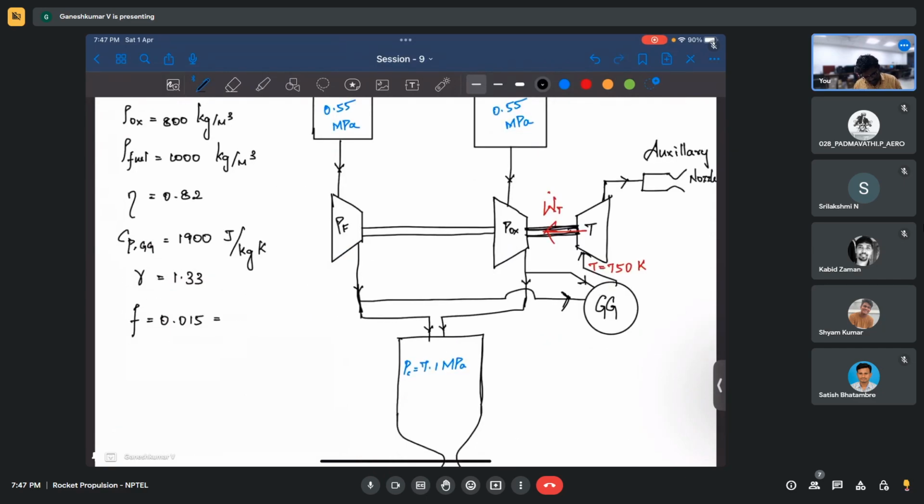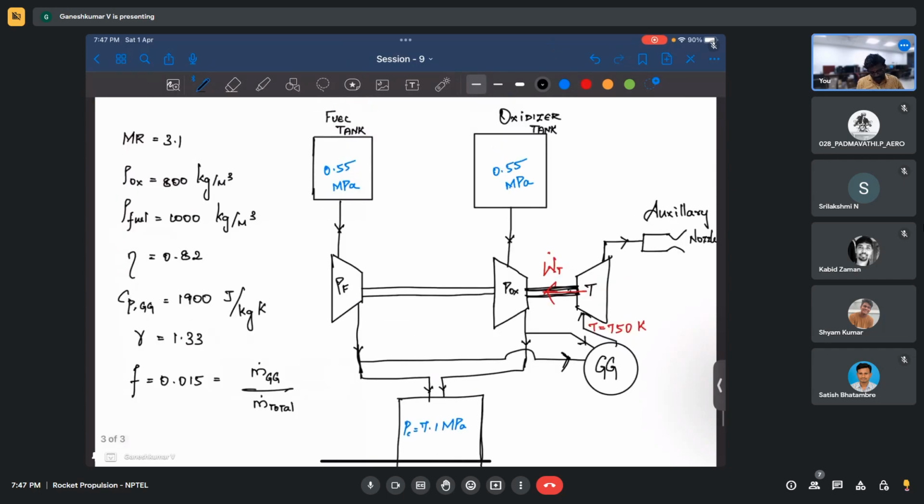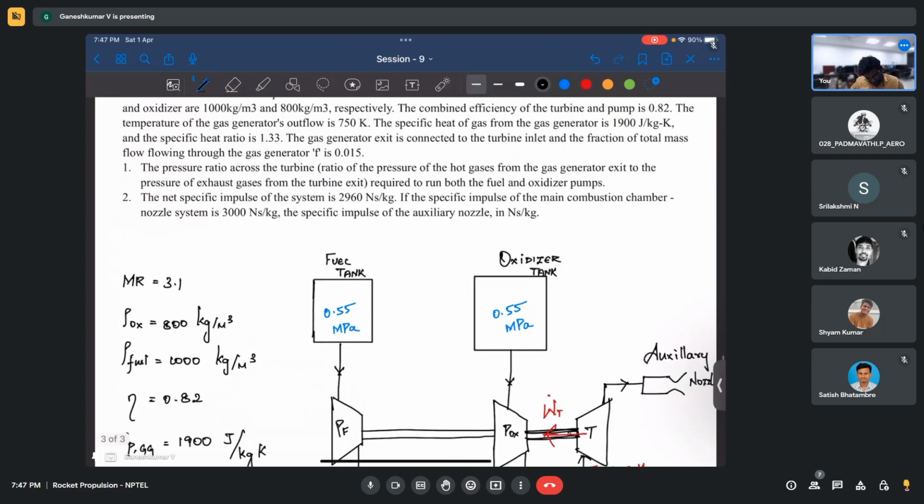What is this? Fraction of the mass flow rate to the gas generator from the total is what F is. The fraction of total mass flowing through the gas generator is 0.015.